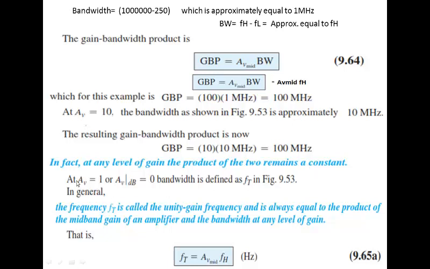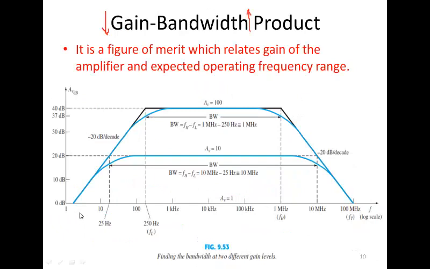For example, if gain is equal to 1, then bandwidth would be equal to fT as shown in figure 9.53. If gain is 1, this is the horizontal axis where the gain is 0 dB, and 0 dB corresponds to a gain of 1.